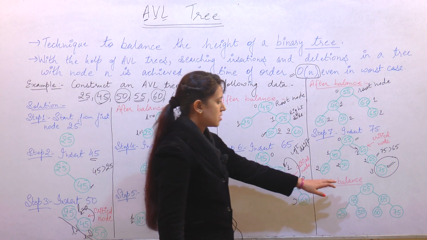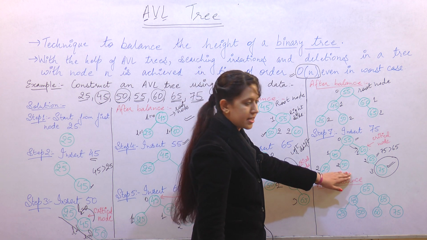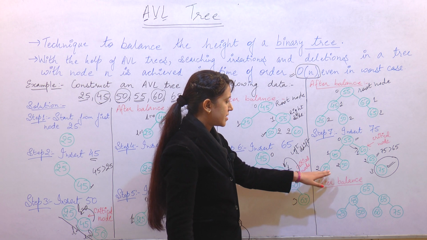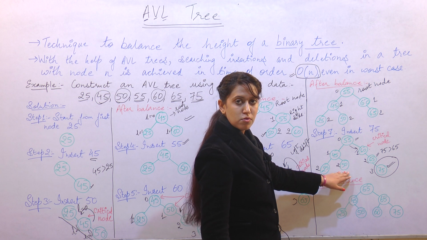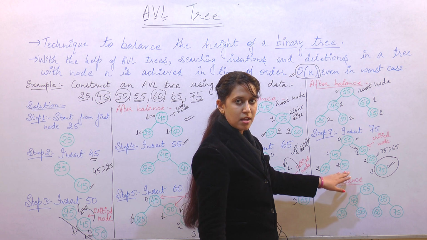So after inserting 75, the levels at which these nodes are present will get again disturbed. That means on the left side of the root node we get a complete binary tree. That means 45 contains two subtrees, 25 and 50, and both are at the same level.